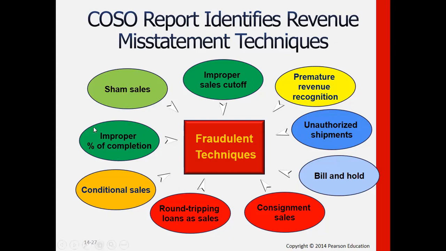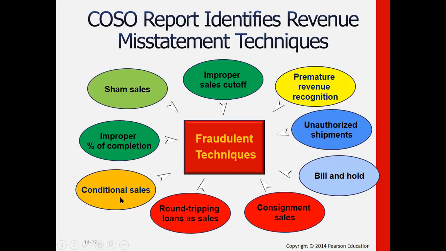Next would be improper percentage of completion. If you're talking about construction contracts, which are based on percentages of completion, if the percentage has been incorrectly or improperly calculated, that would have an impact on the revenue.